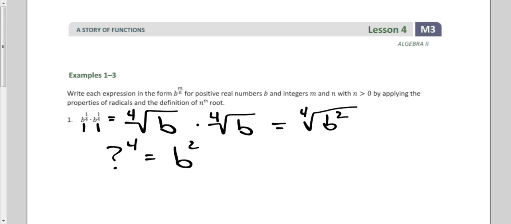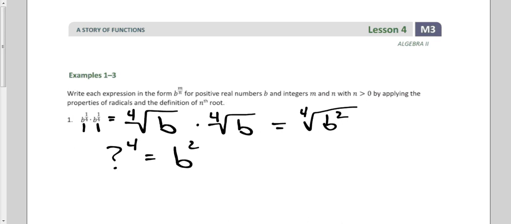Let's think of a number that times itself 4 times: 2 times 2 times 2 times 2. That would be 2, 4, 8, 16, right? 16 is 2 to the 4th power. Take the square root of 16, and you get 4. Take the square root again, and you get 2. That reasoning makes sense to us. If I take the square root twice, it's like taking the 4th root.